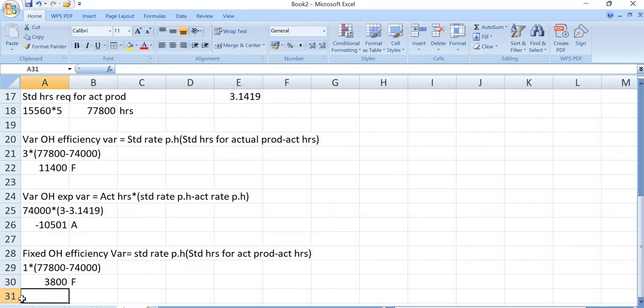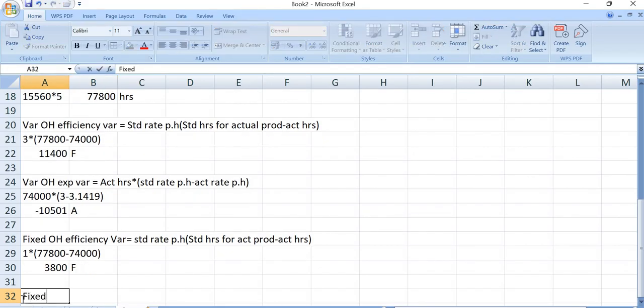Then capacity variance. So standard rate per hour into actual hours minus budgeted hours. So here I am considering budgeted hours.